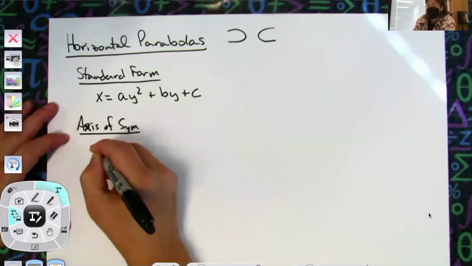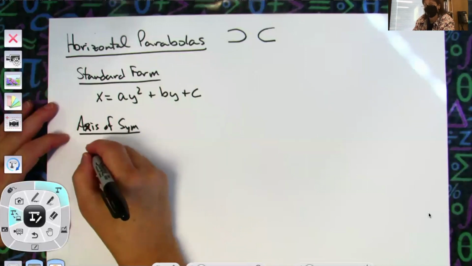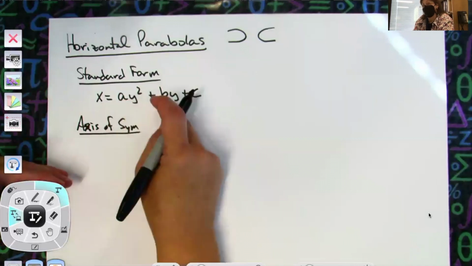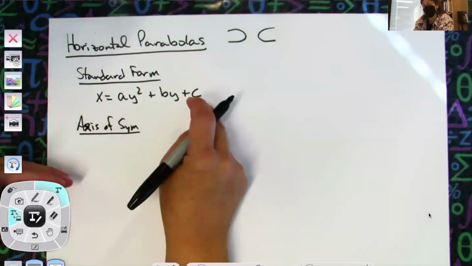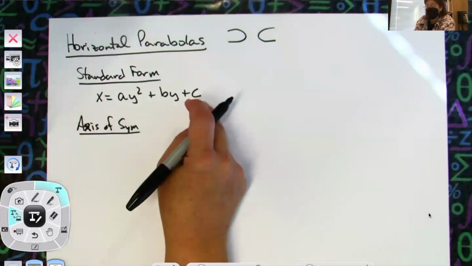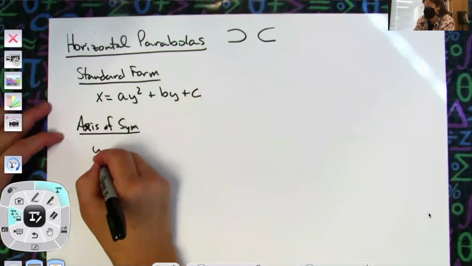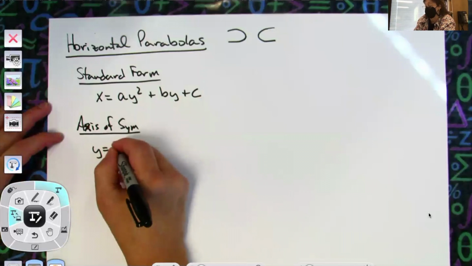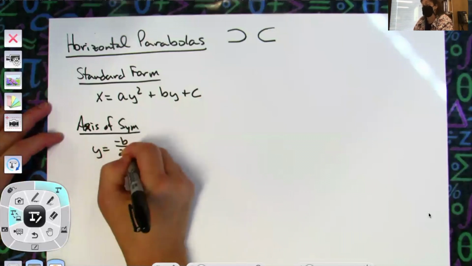Axis of symmetry still uses the same coefficients. In the vertical parabola, it's X equals. In the horizontal one, it's going to be Y equals, but the formula is not going to change. Negative B over 2A. You don't need to memorize a new formula.